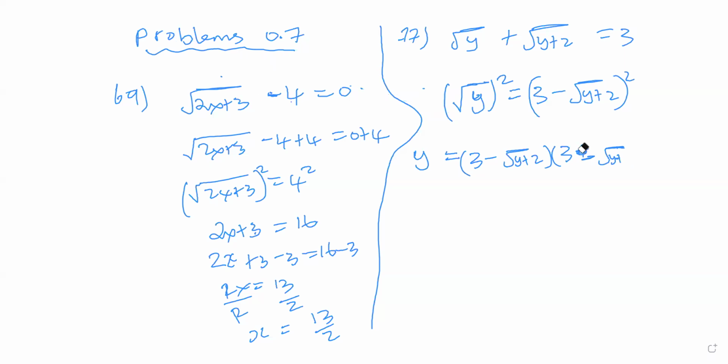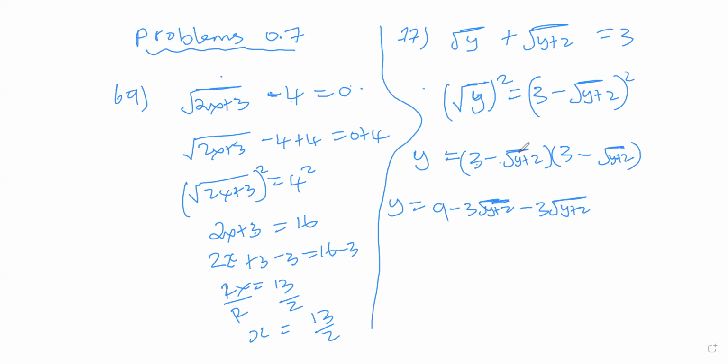That square actually means multiply that quantity by itself. So if we then open up that bracket, we get 3 times 3 is 9. 3 times minus square root of y plus 2 is minus 3 square root of y plus 2. Minus square root of y plus 2 times 3 is minus 3 root y plus 2.